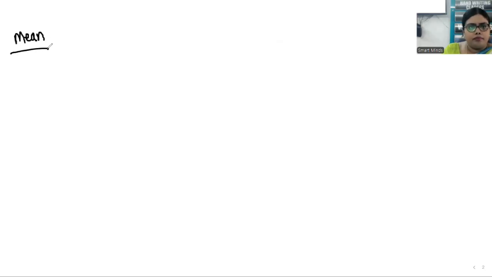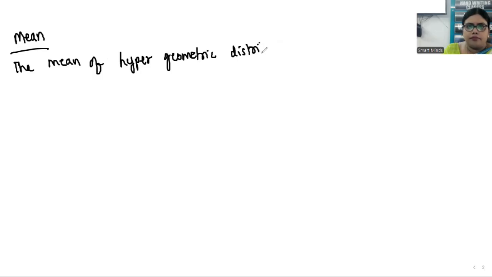Now let us find out mean. So the mean of hypergeometric distribution is computed as follows.